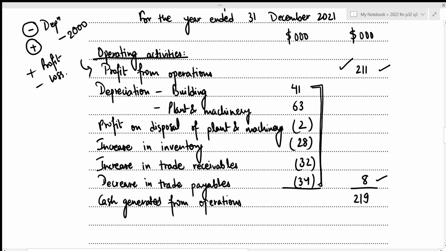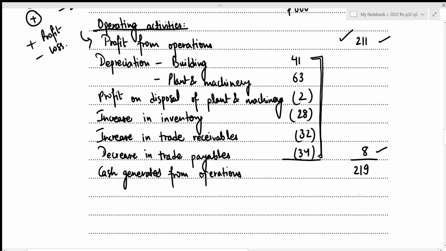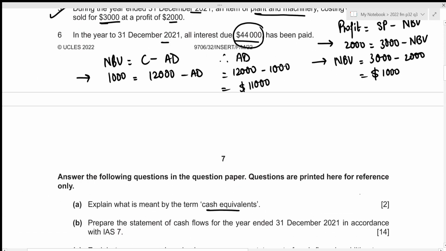Now, the final thing that we need to adjust in our operating activities section would be the finance charges and our tax. And in this case, there was no mention of tax, which means that the only adjustment to be made is going to be that of our finance charges, which was interest payment. So let's have a look above.